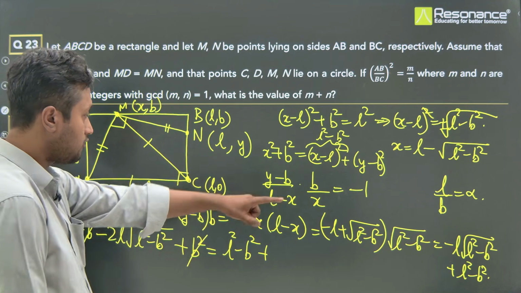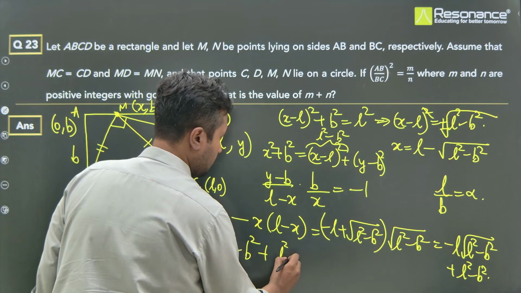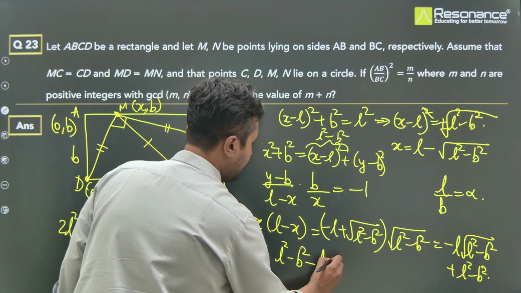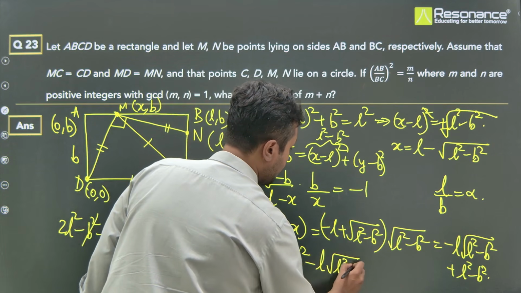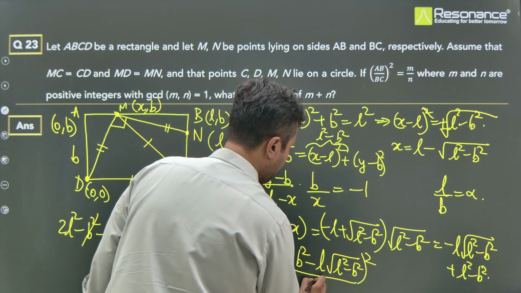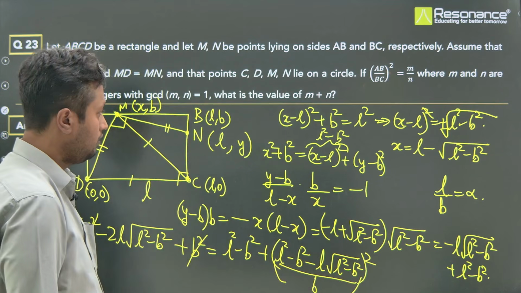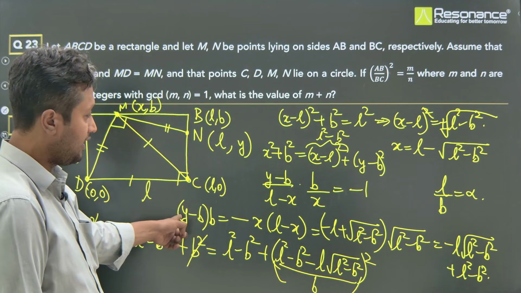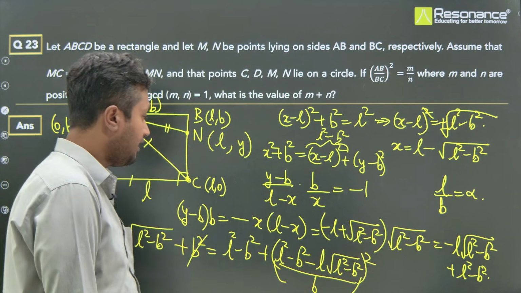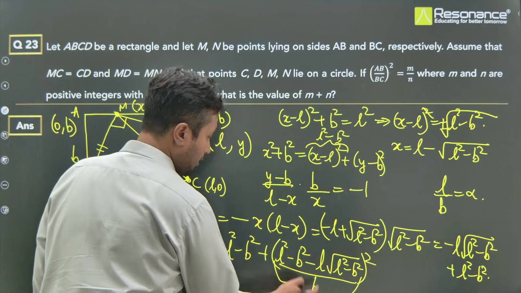Y minus b whole square is all of that. So L square minus B square minus L into square root of L square minus B square whole square divided by B. Right? Because this is B times y minus B. So y minus B would be all of that divided by B square. So let's also divide by one more B square.